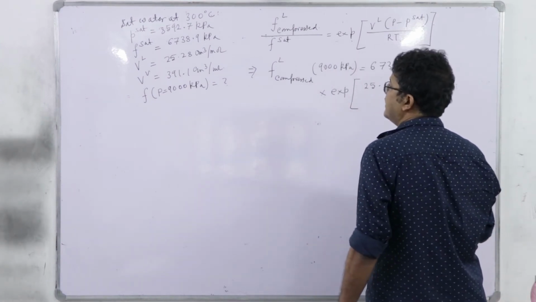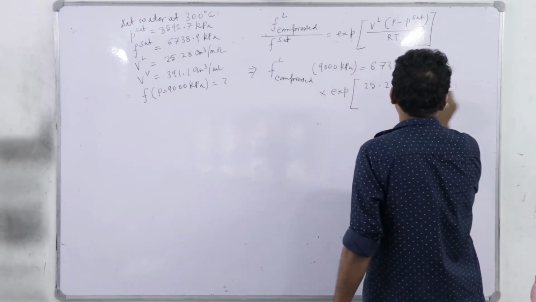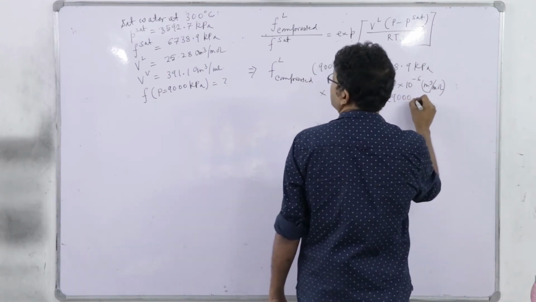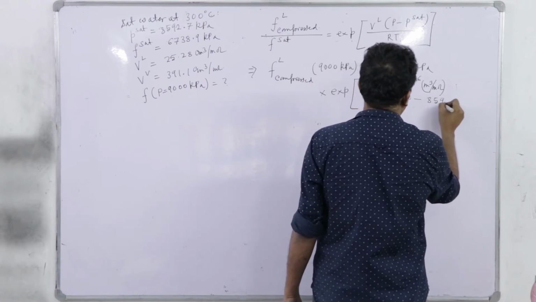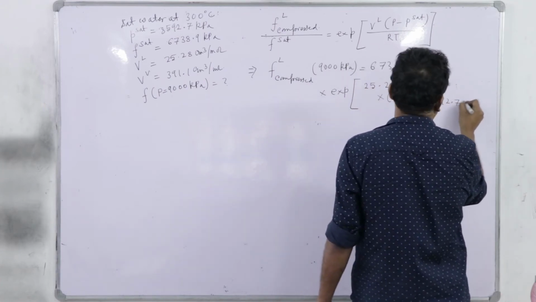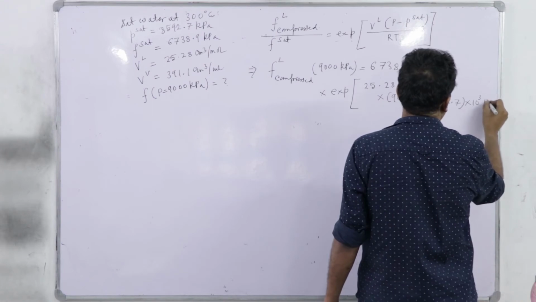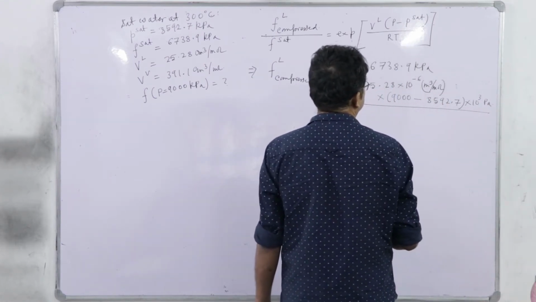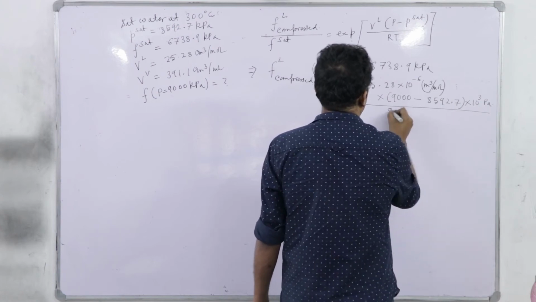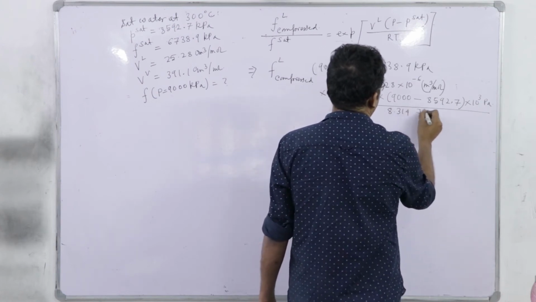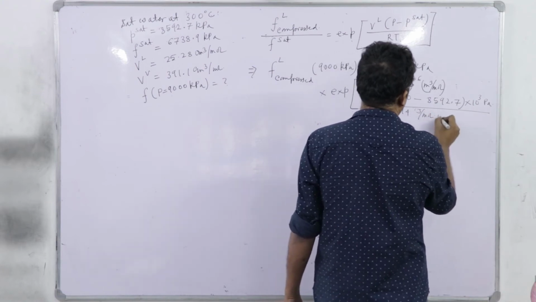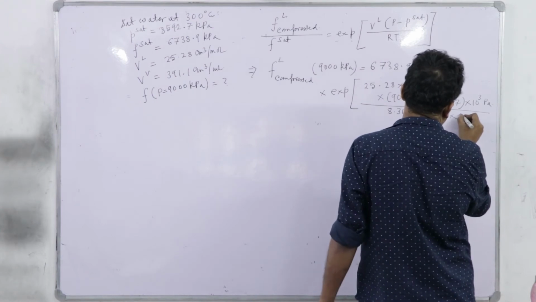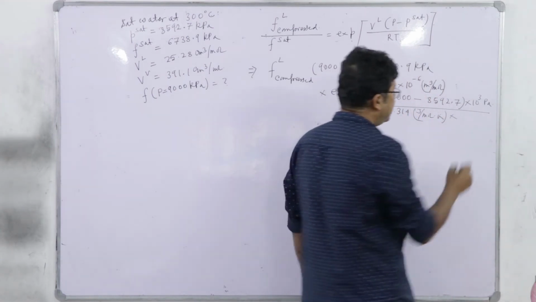P minus Psat equal to 9000 minus 8592.7 into 10 to the power 3 Pascal, divided by RT. R is 8.314 joule per mole per Kelvin into temperature 300, so this is 273 plus 300, 573.